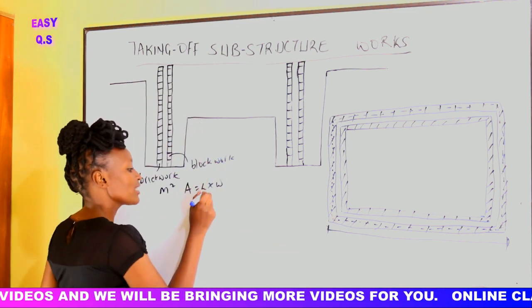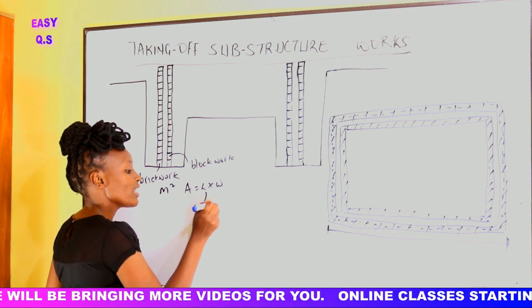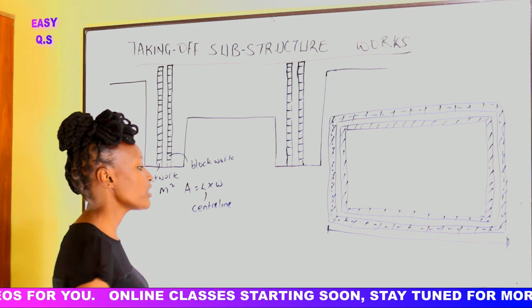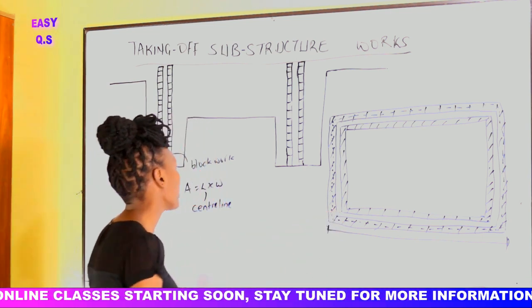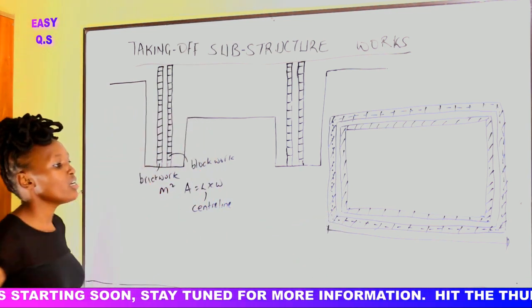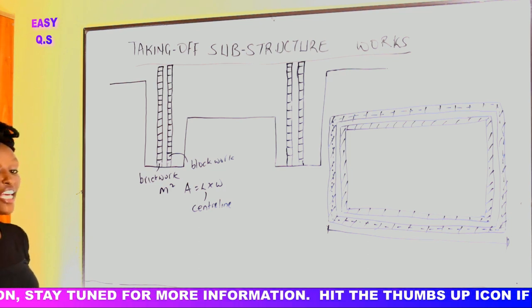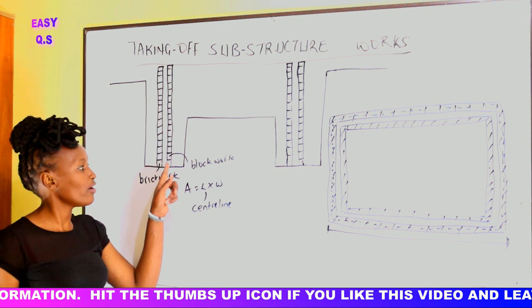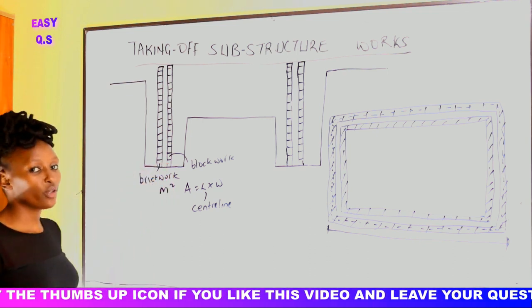So once we take the center line, we multiply by the width of the brickwork. Width is the thickness of this brickwork. So that way, we shall have found the area of the brickwork. Now we shall go to finding the area of the blockwork. How do we calculate that one?